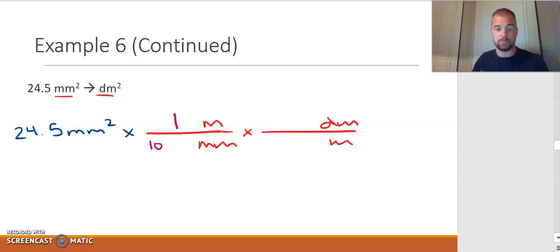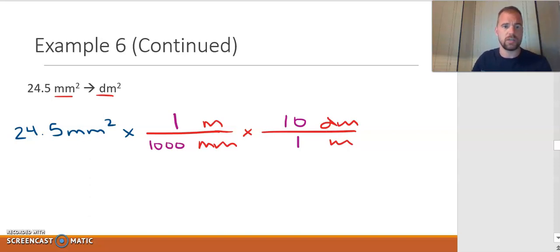That's 1,000. There's 1,000 millimeters in 1 meter. Notice I'm not squaring anything yet. That's just, in 1 meter, there's 1,000 millimeters. This is the same thing as saying there's 1 times 10 to the negative third meters in 1 millimeter. Likewise over here, the decimeter is smaller than the meter. So in 1 meter, how many decimeters are there? There's 10. There's 10 decimeters in 1 meter.